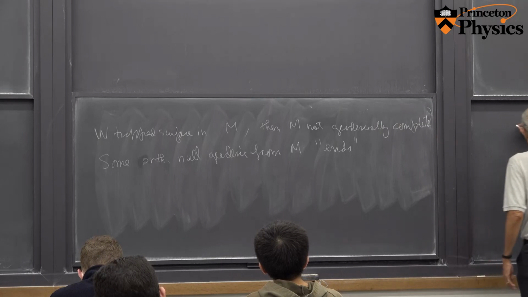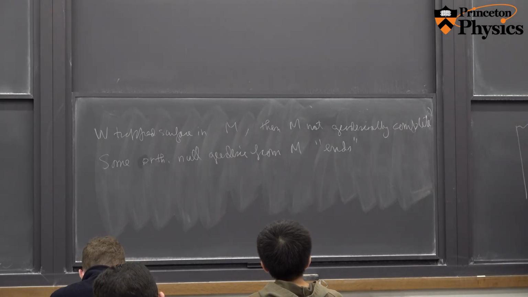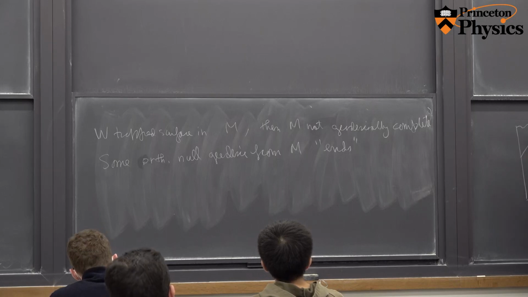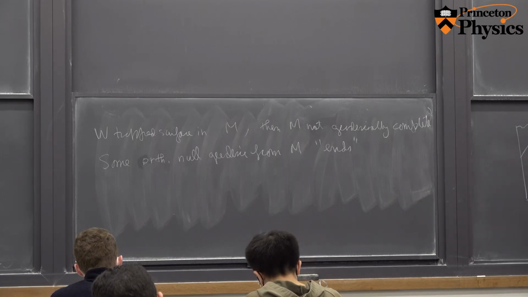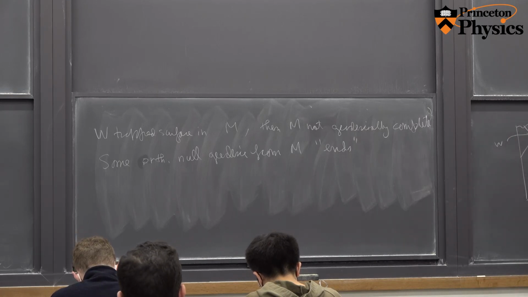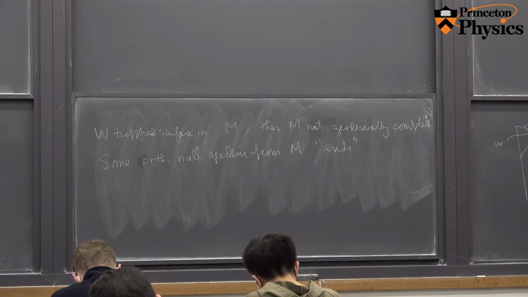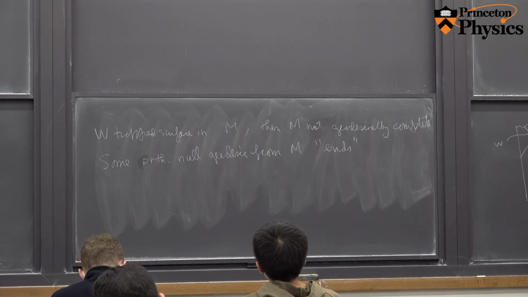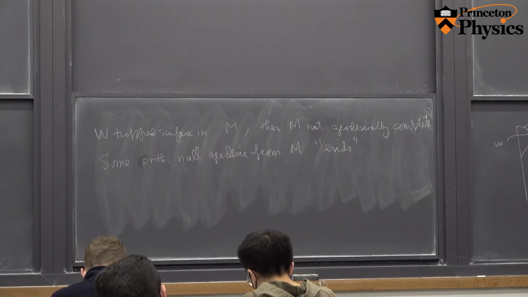So if we think about the motivating example, where the trapped surface corresponds to a point behind the horizon, in the solutions we understand, every causal geodesic, in particular every orthogonal null geodesic from W, ends after a finite affine parameter. And they all end at a singularity.